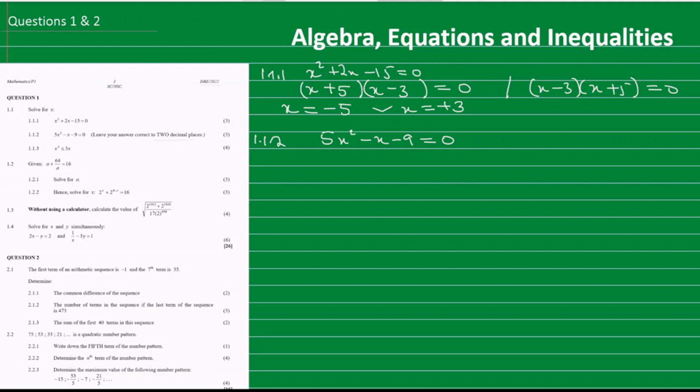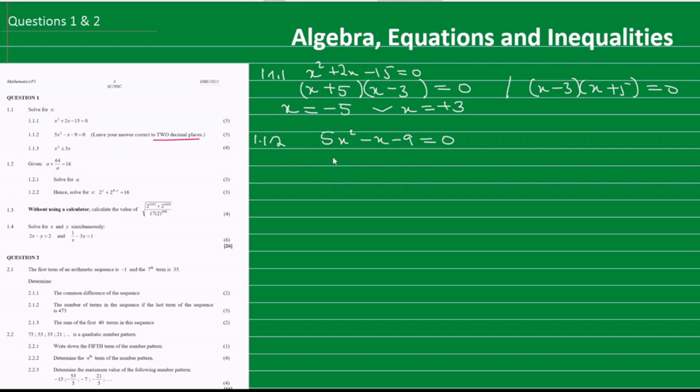When the question asks you to leave the answer to 2 decimal places, you do not have to use factorization. Don't try to use the factorization method, because that shows that our values of x have got decimal values. So the factorization method will not work.